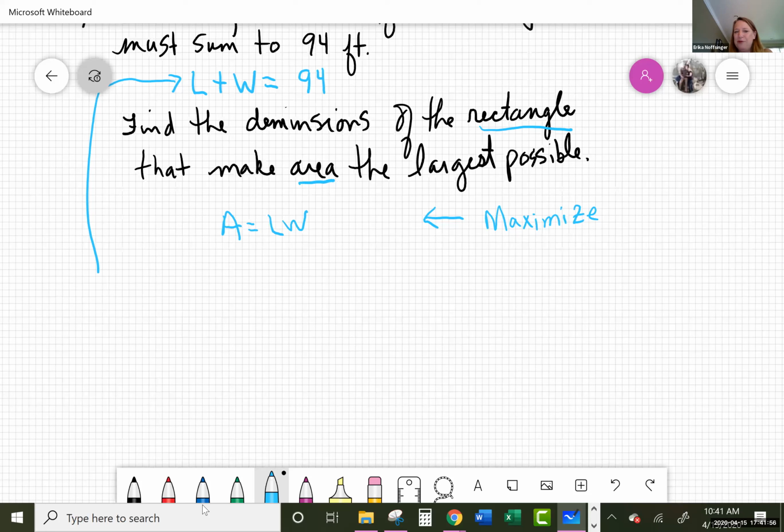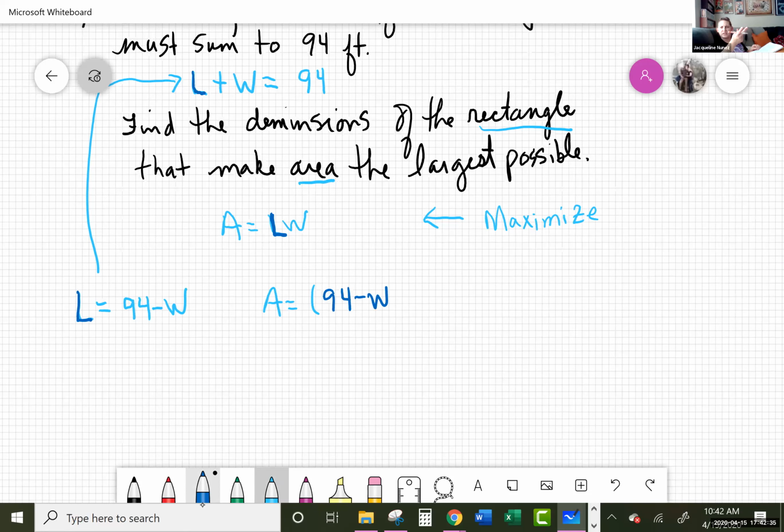Again, it doesn't really matter. Either way, you get the same result at the end. So let's say that length is equal to, all I'm doing is subtracting width on both sides of my equation, 94 minus W. So I know my length is equal to 94 minus W. And so instead of writing my area as length times width, my length I'm going to rewrite as 94 minus W. Could you have done it the opposite way?